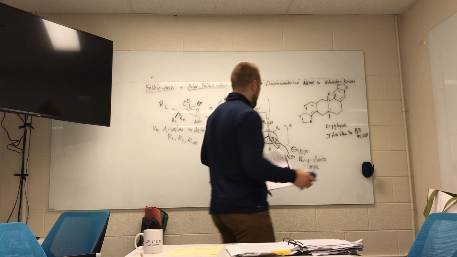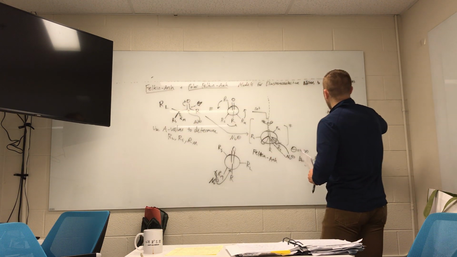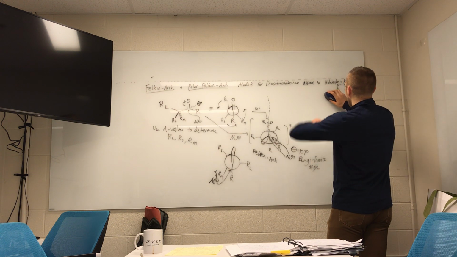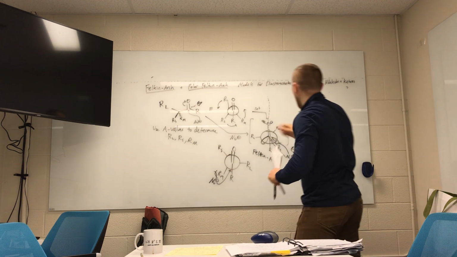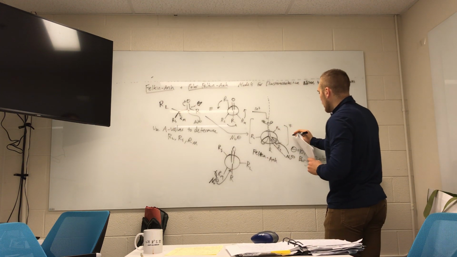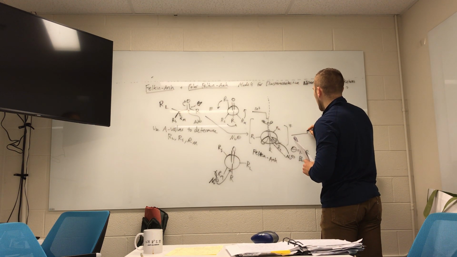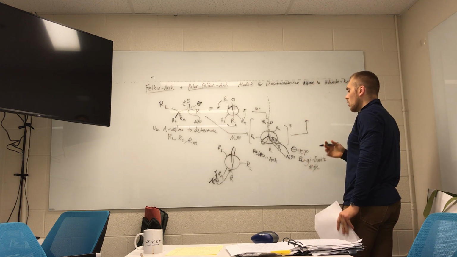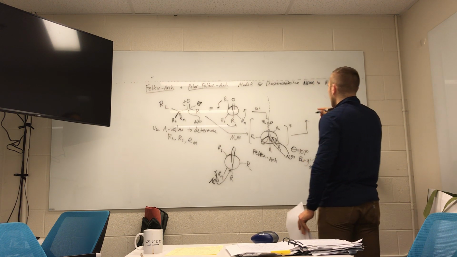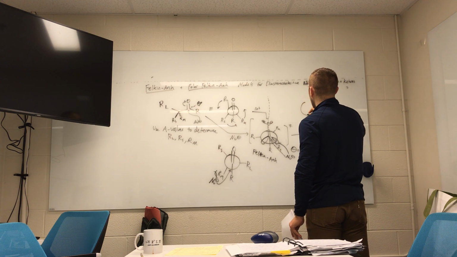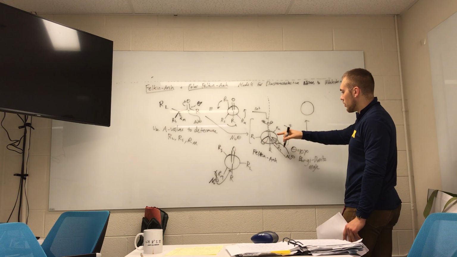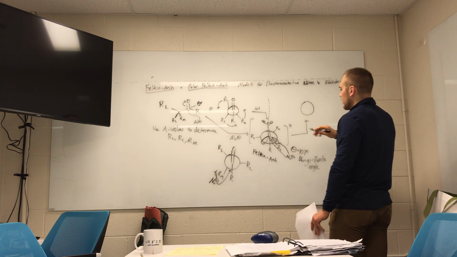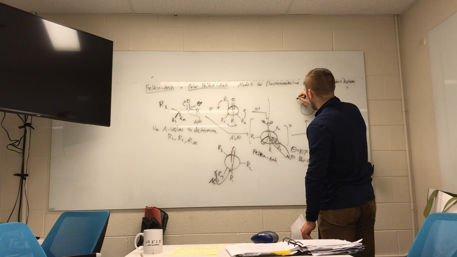So now we can get back to our example. When we finish this addition, one thing you'll also notice is that the approach of the nucleophile in this manner, in this specific conformer, leads to a completely staggered product going through the transition state.